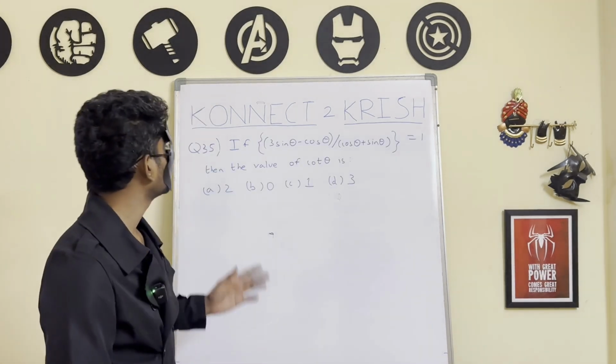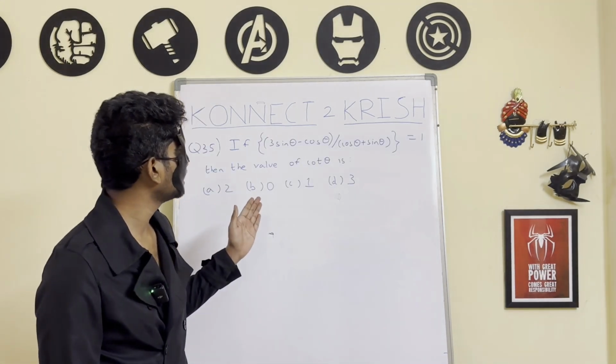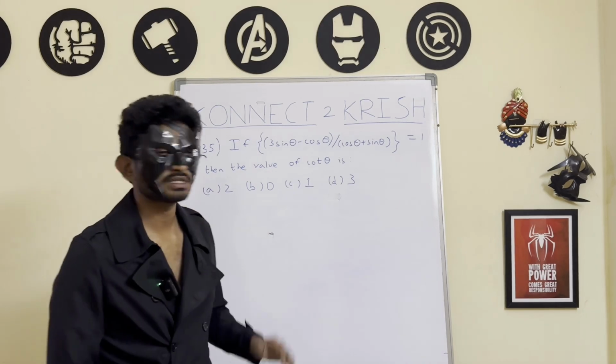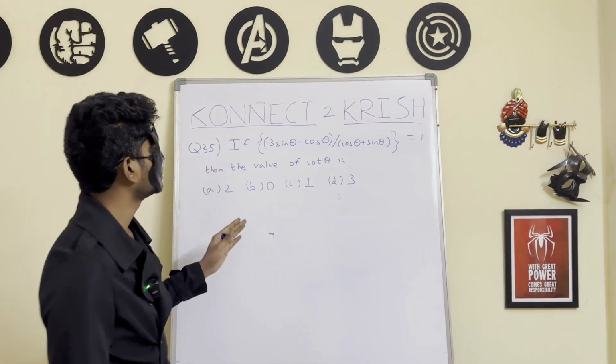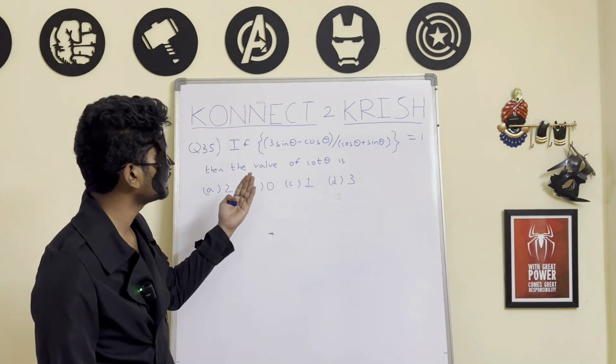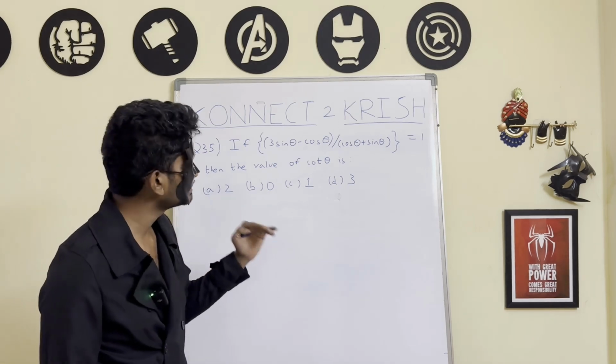So superhumans, next question is, if (3 sin theta minus cos theta) by (cos theta plus sin theta) is equal to 1, then the value of cot theta is. So in this question we will try to convert it in the form of cot. So we will be dividing numerator and denominator by sin theta.